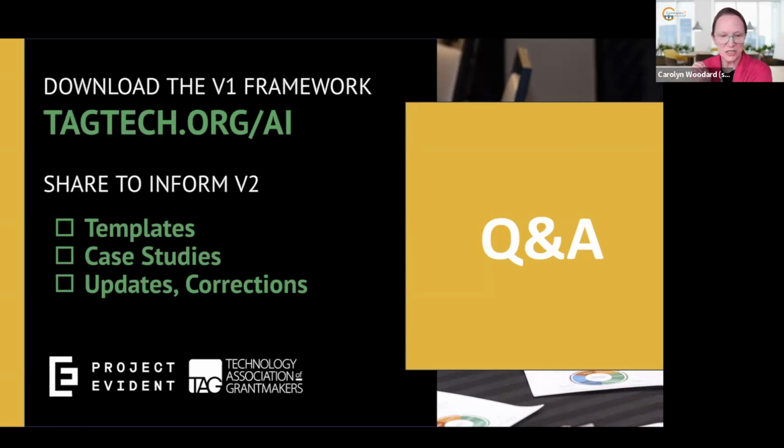You may already have data policies, but if they haven't been revised in the last year, and definitely if they haven't been revised longer ago than that, you might have a starting place already. So if you ask around in your organization, you may not have to start from scratch around your data policy. You may have something in there and you have to add in these AI considerations to it.